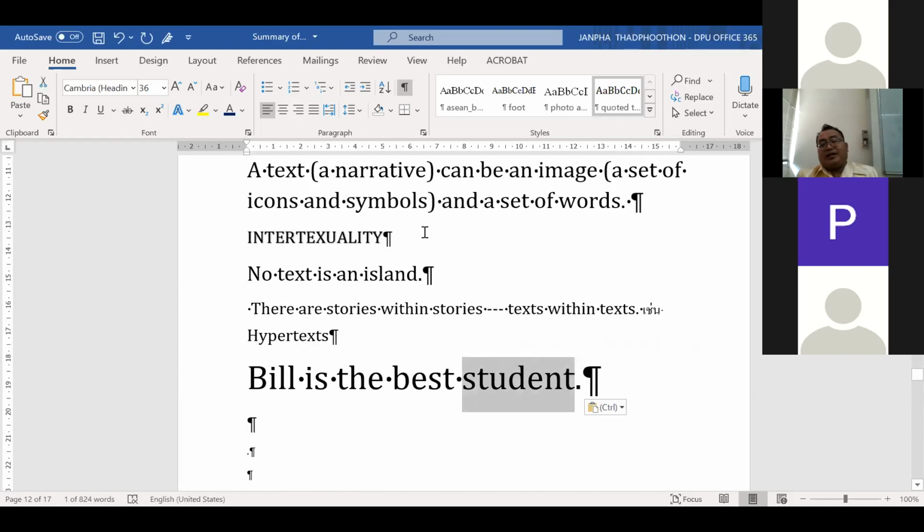You see the word student. Student can be thought of as a text within this text. Okay? So the word student is another story within the grand narrative.